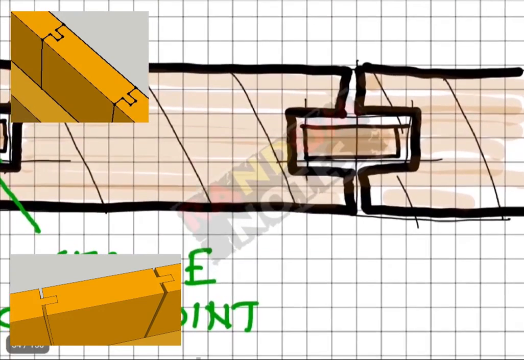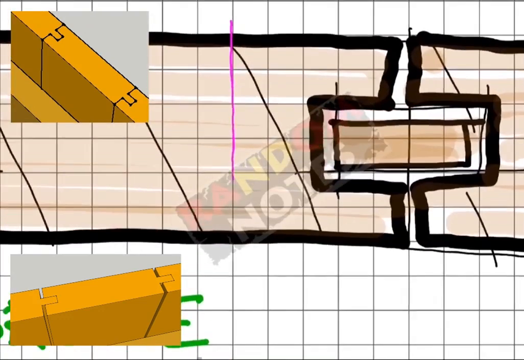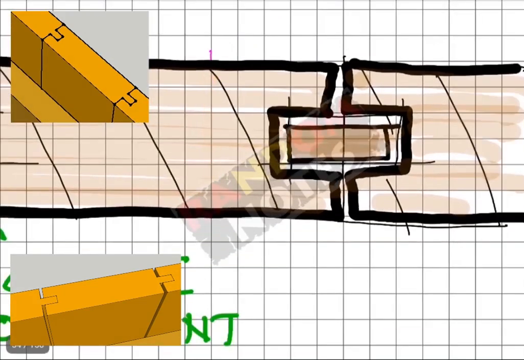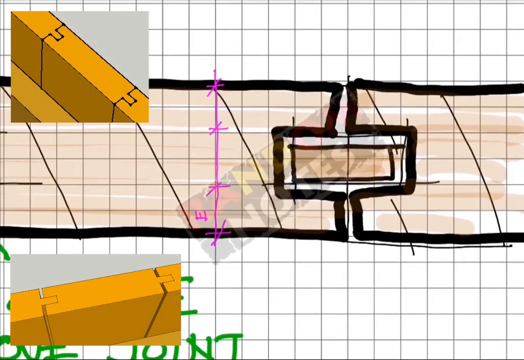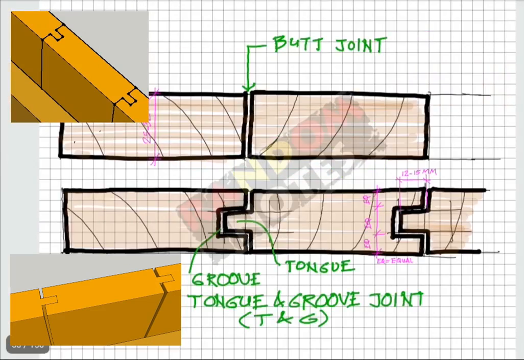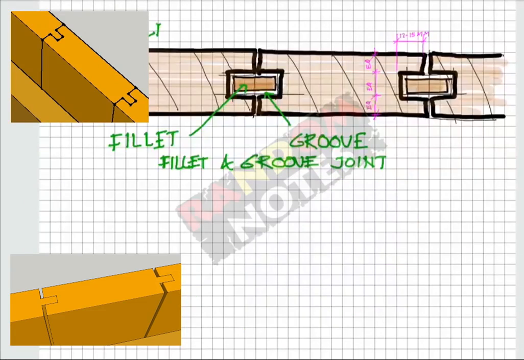This has to be a very conscious decision. The width of the batten will also be calculated accordingly. So, these were the joints between the battens.